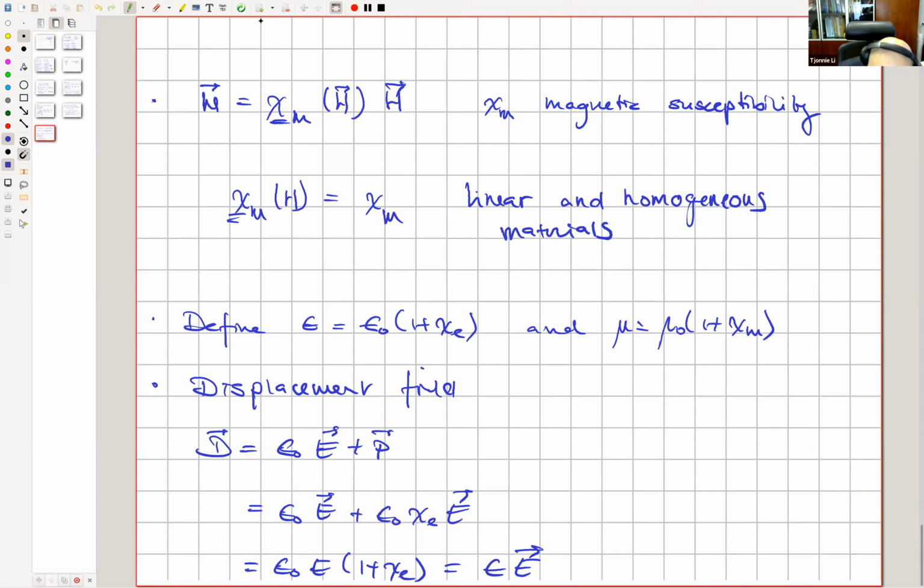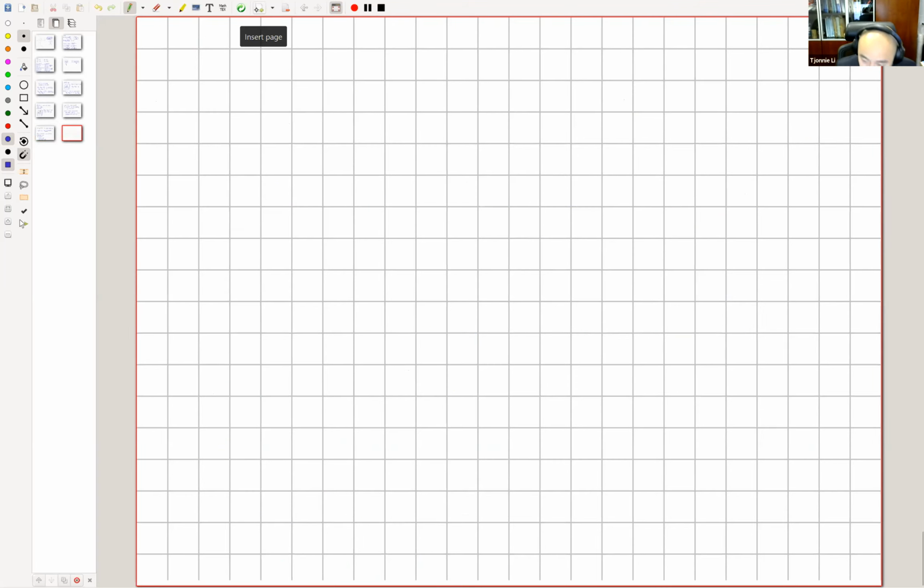Now, similarly, we can do the same thing for the auxiliary field. The auxiliary field is given by H equals 1 over mu naught B minus chi m M. Oops, no, sorry, that is a boo-boo.